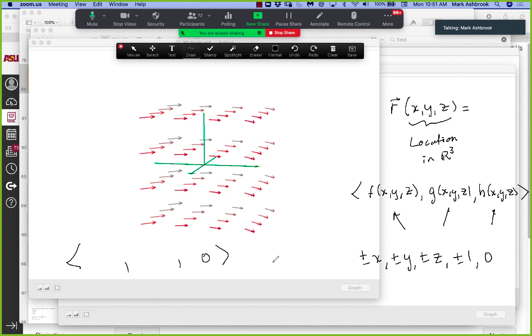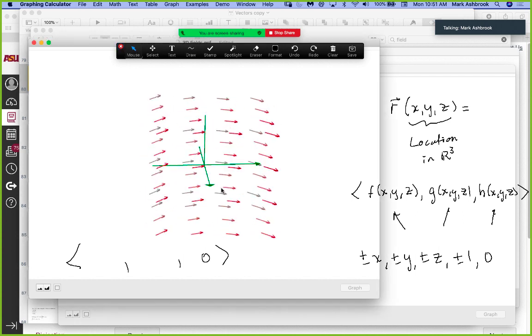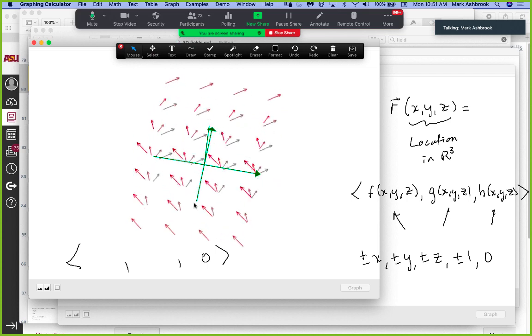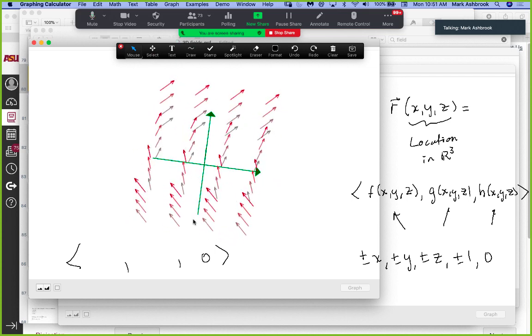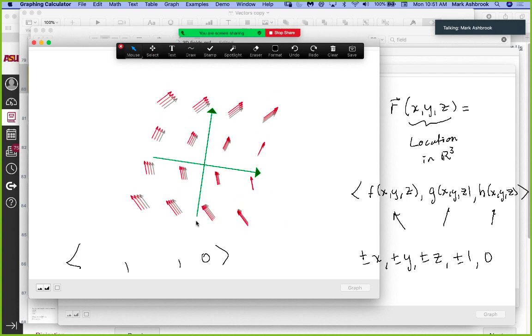Well, that's sure nice because now that reduces this problem back to an R2 vector field. And if I can come here and take a look at my xy plane, can we figure out what we got here?